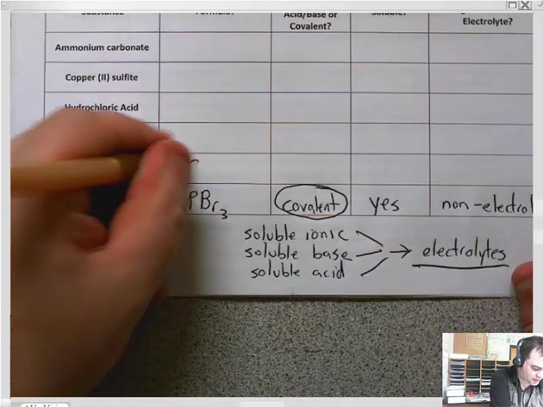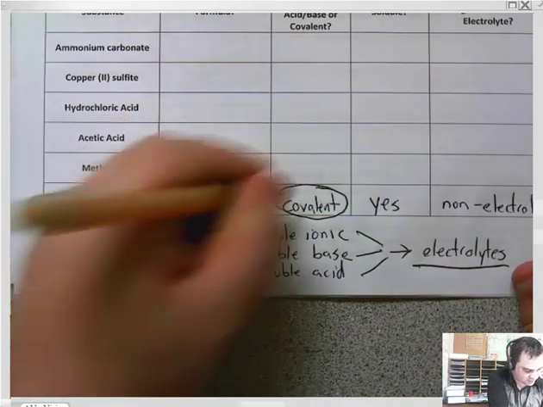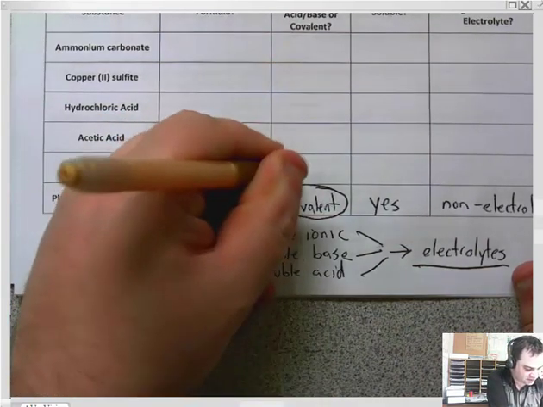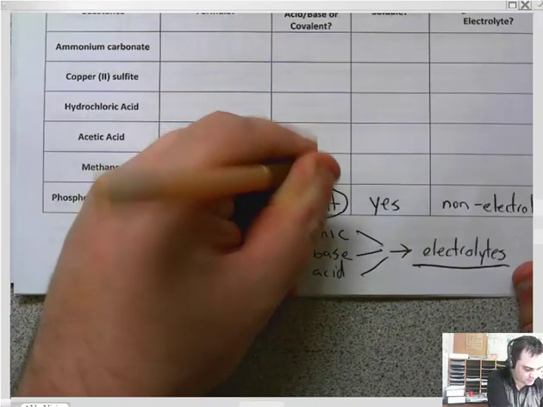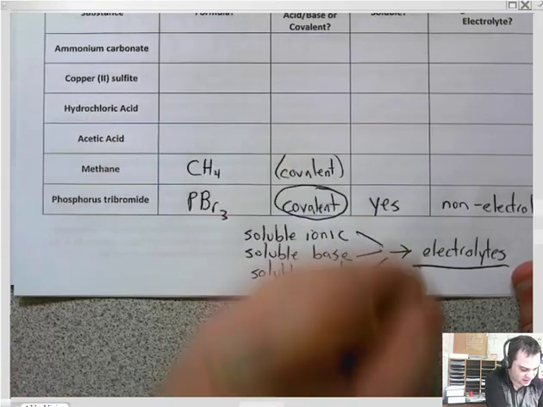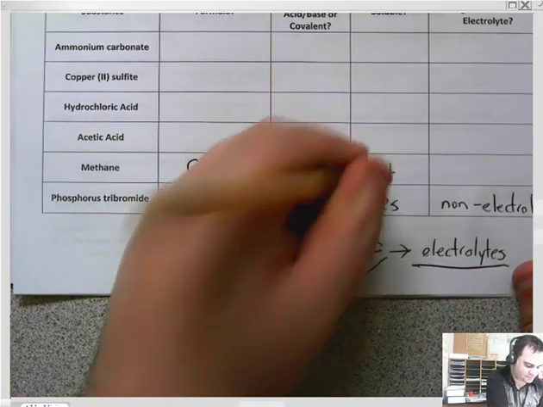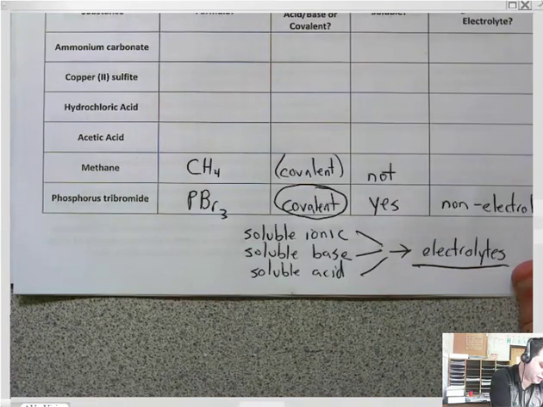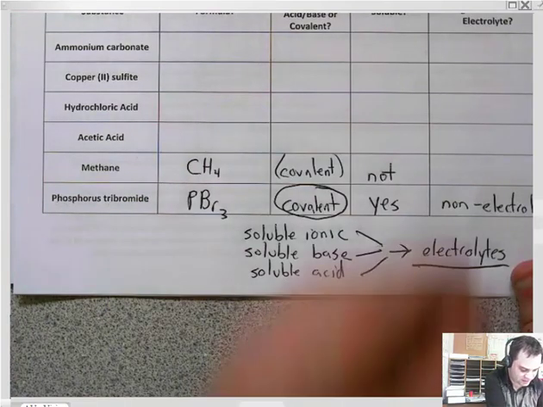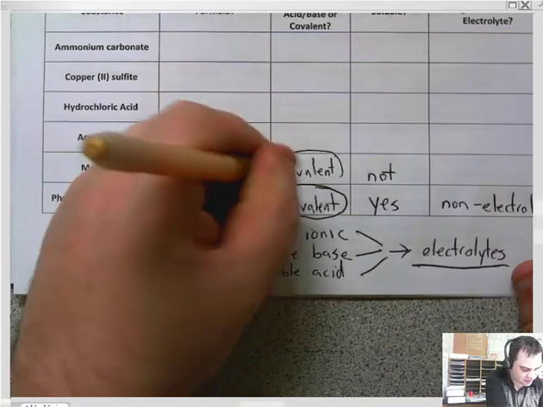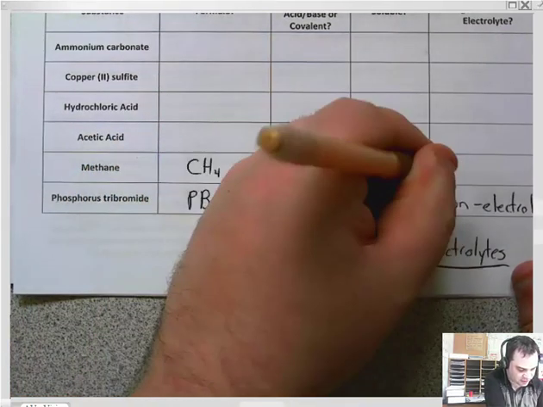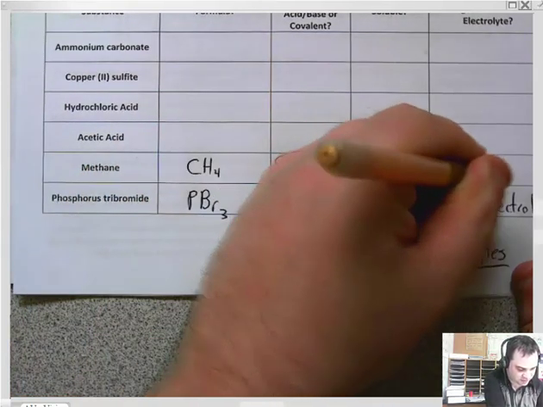Methane, the formula is CH4. This is also covalent because it has two nonmetals. This one is not soluble because it is nonpolar, and that would not be soluble in water. So this is also a non-electrolyte.